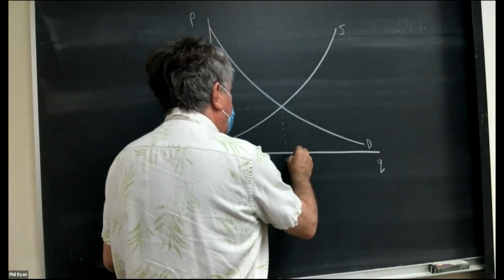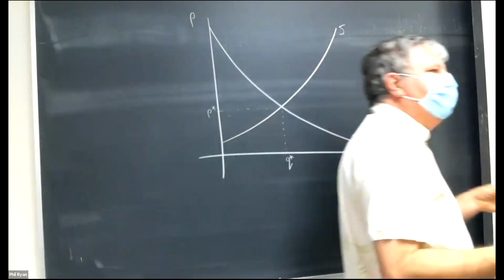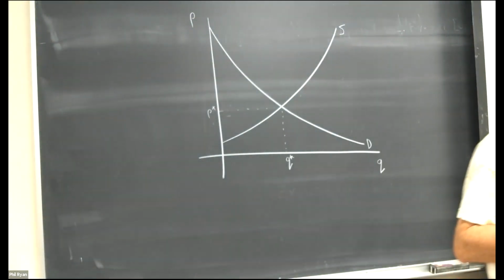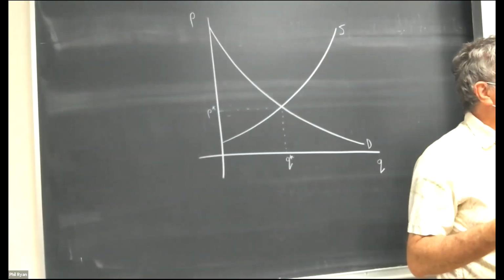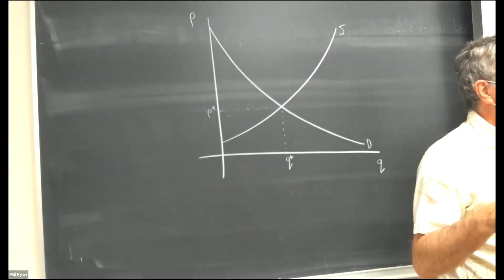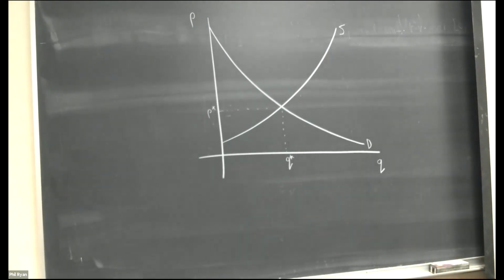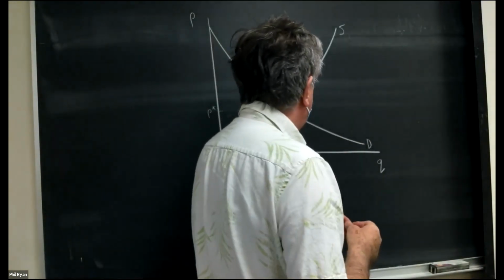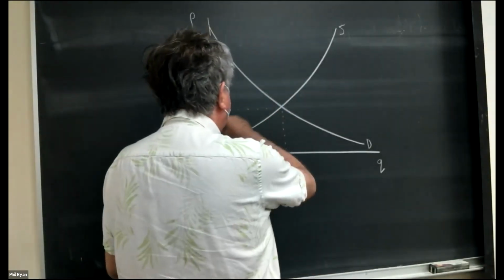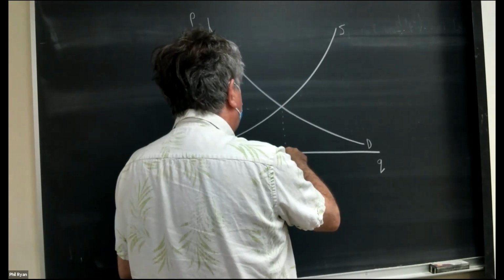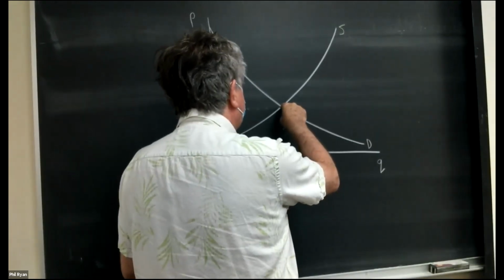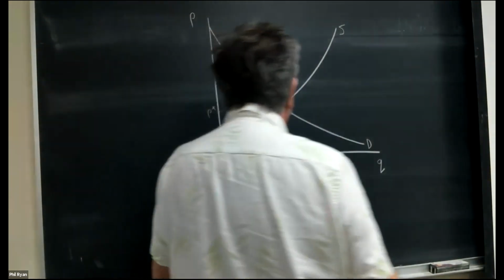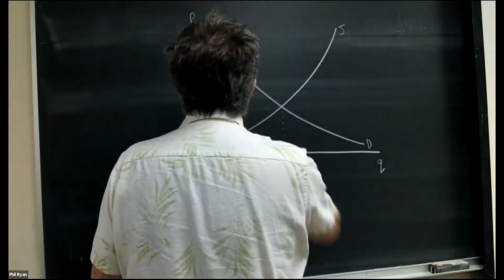Now, if we want to say it's a good thing, somehow we've got to quantify what that good thing is. And the classical way that economists do that is the following. Here's a demand curve, right? Here is what the market tells us that the good will go for. It'll go at this price.